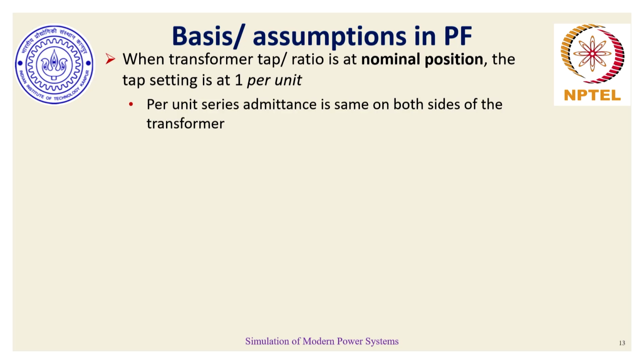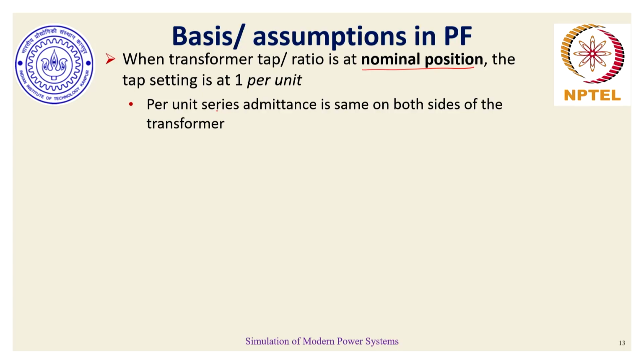One of the beauties of per unit analysis is that if a transformer is operating at its rated nominal tap position, then the overall transformer's impedance, be it seen from the high voltage side or be it seen from the low voltage side, the equivalent impedance remains the same.